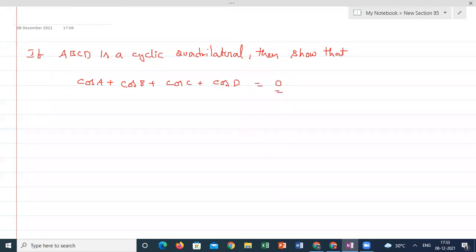They may give it for an MCQ also: find the value of cos A plus cos B plus cos C plus cos D, options 0, 1, 2, 3, 4, or 0, 1, minus 1, undefined, none of the above, like that.